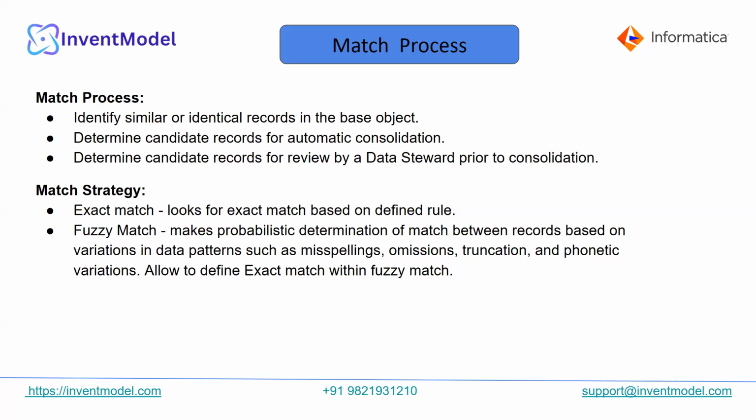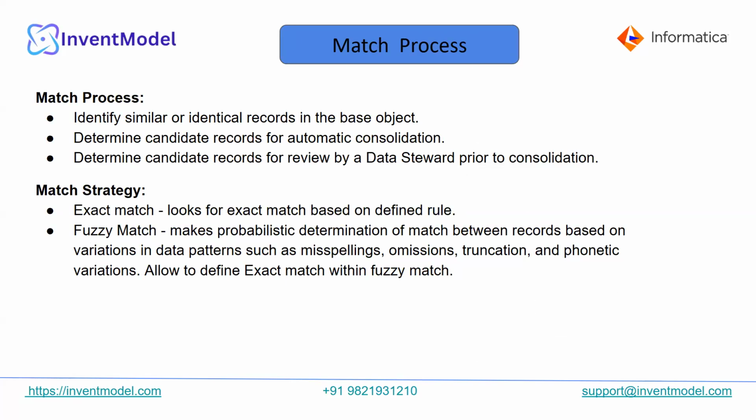It looks for exact matches based on the defined rules, meaning identical records, and those records are flagged for the golden copy. The other is the fuzzy match.